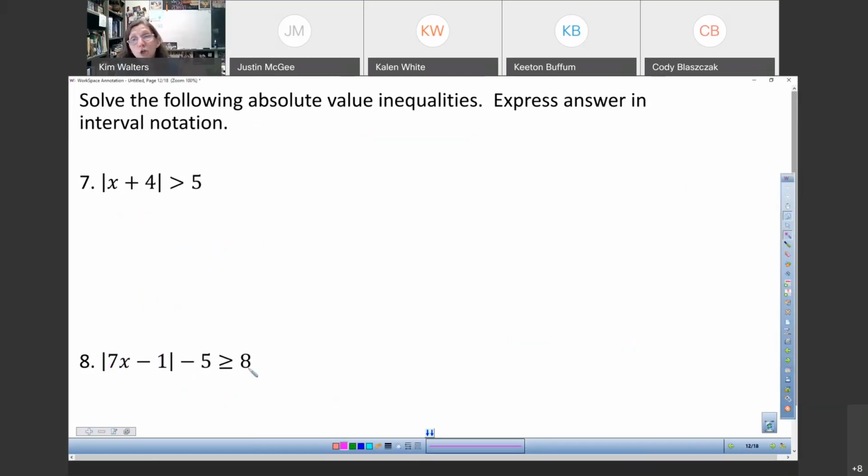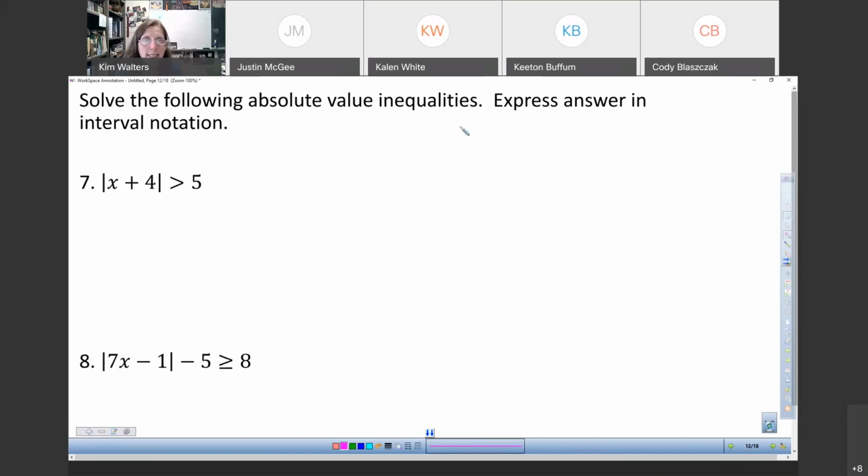So now we're going to move into greater than. Notice on the last one, they were all less than. This one, they're going to be greater than. So as you might expect, I have another way to solve these. Absolute value greater than is going to act like our or statement, okay? So I'm going to make a little note over here.